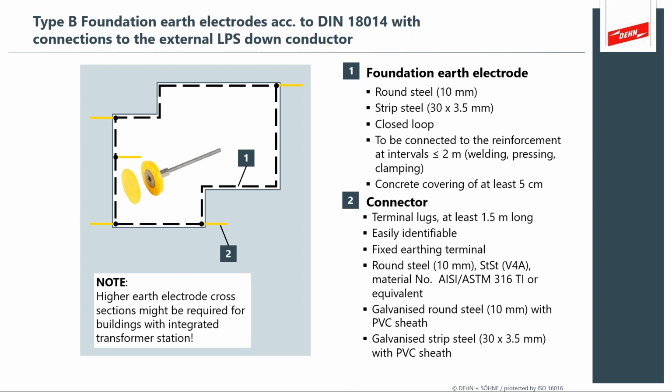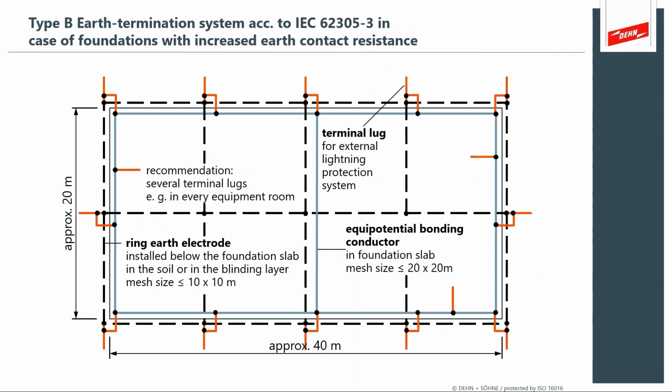One of my favorite quotes is from my colleagues, "Hey, what should I do with my earthing electrode?" And the answer is, what does the standard say? So in one slide, it's very difficult to give you all the information, but the standard does give you a lot of guidance.